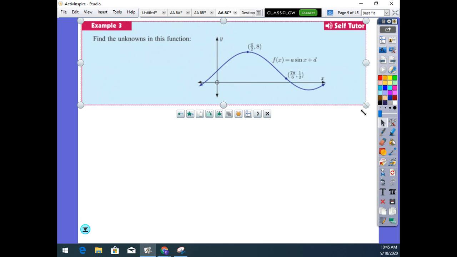All right, so they want us to determine the unknowns in this. So where do you think we could start? I want you to look at this and think about, what do we know? This is where I miss having you in class.